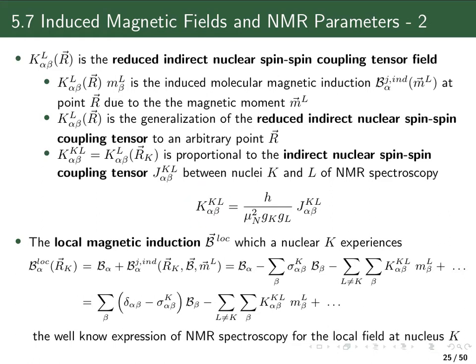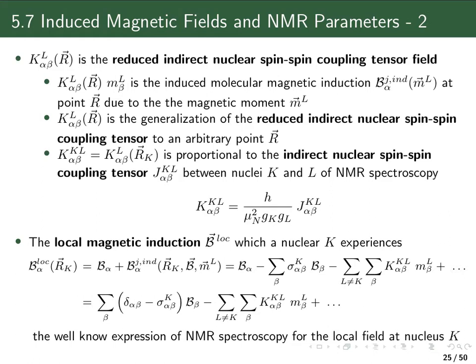And in the reduced one, one has divided by those G factors, so the reduced coupling constant does not depend on the G factors of the involved nuclei, which means the reduced nuclear coupling constant is the same for example for a proton and a deuterium, whereas of course the J coupling constant is quite different because proton and deuterium have quite different G factors.